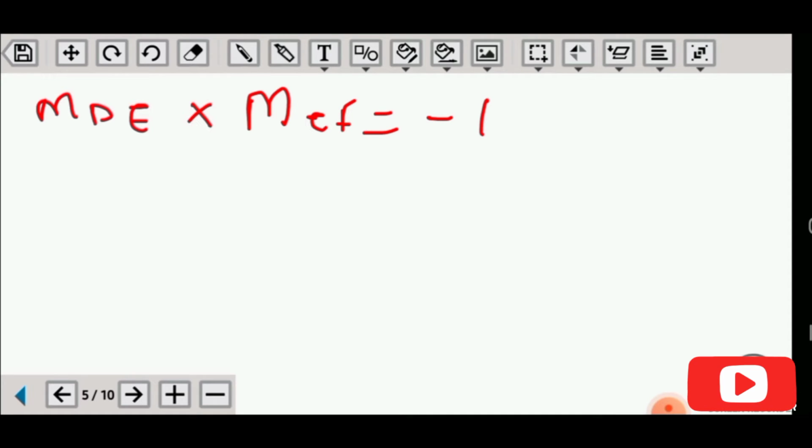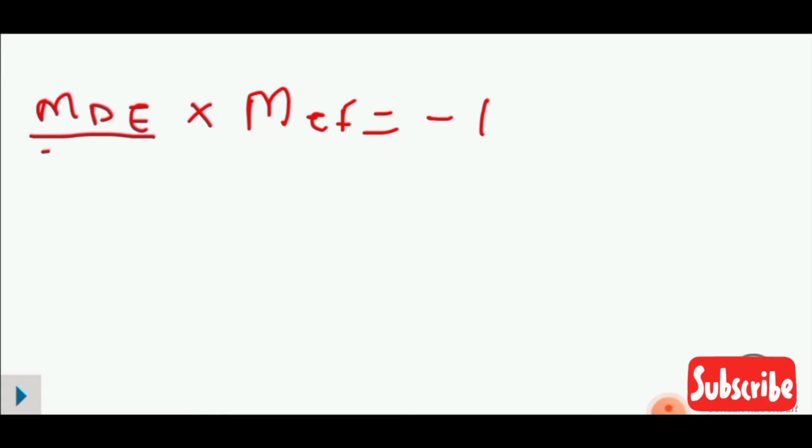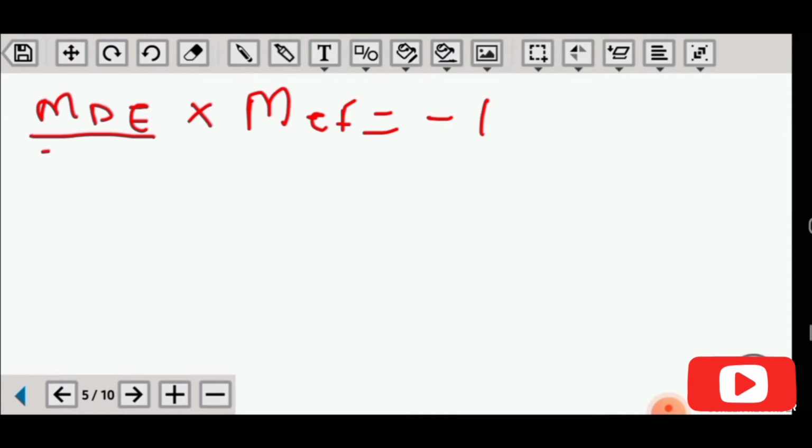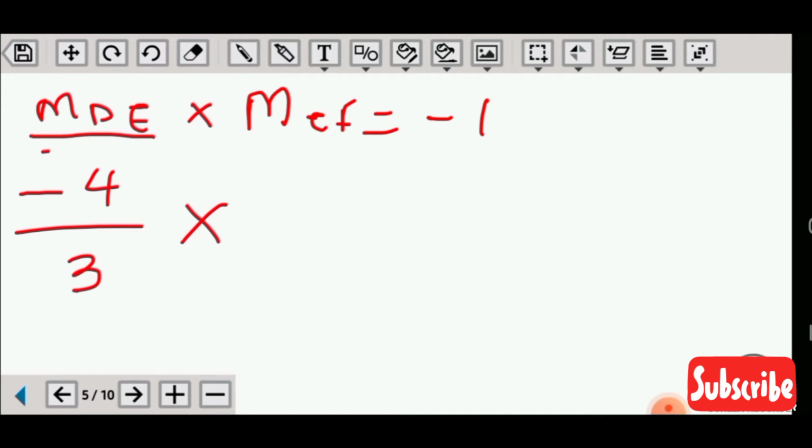We're using this formula because they told us that the angle DEF is equal to 90 degrees. And remember, we already know the gradient of DE is -4 divided by 3. So it's -4 divided by 3 multiplied by the gradient of EF.